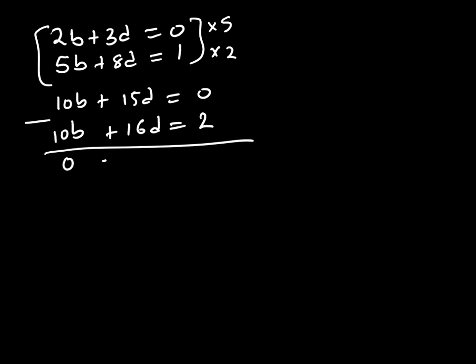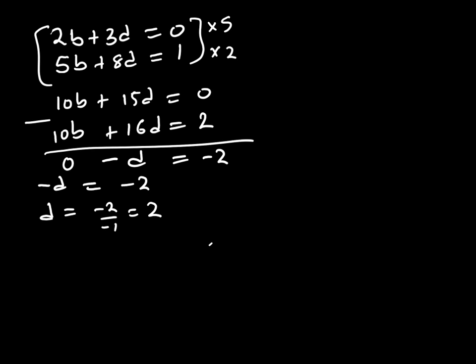This is 0 minus d equals 0 minus 2. What do you get? Negative 2. So if negative d equals negative 2, what is d? Divide by negative 1. d is equal to negative 2 divided by negative 1, which is equal to 2.